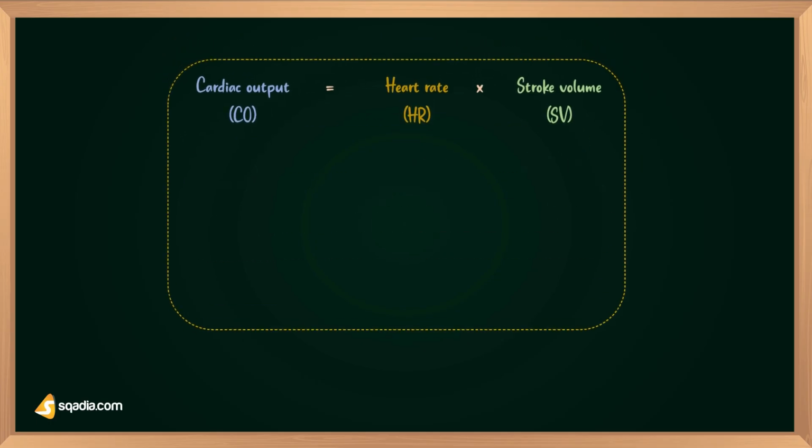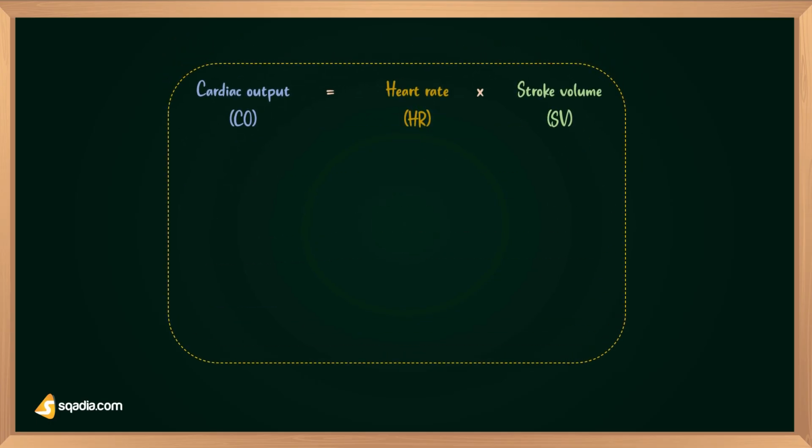Now, let's put the values in this equation, and we know that the heart rate is somewhere between 60 to 80 beats per minute, and its average is normally 72 beats per minute. And the normal value of stroke volume lies between 60 to 80 milliliters, but, on average, 70 milliliters per beat when the heart rate is 72 beats per minute.